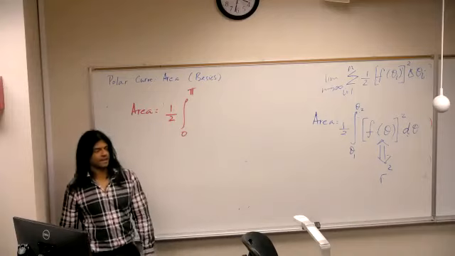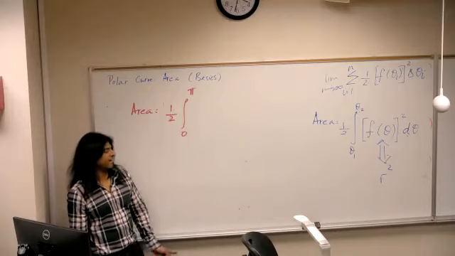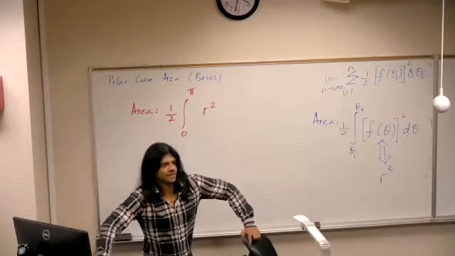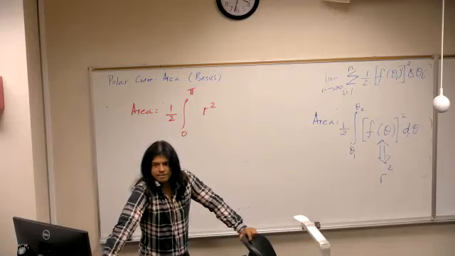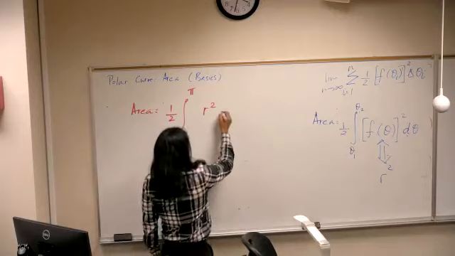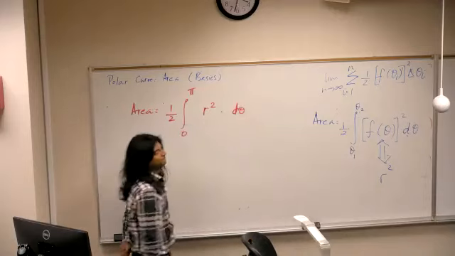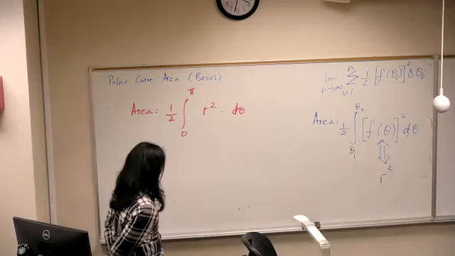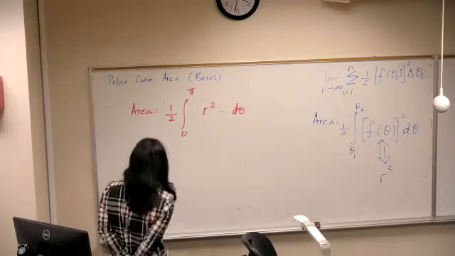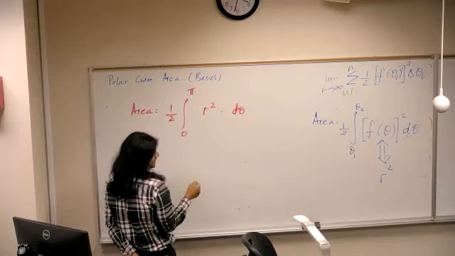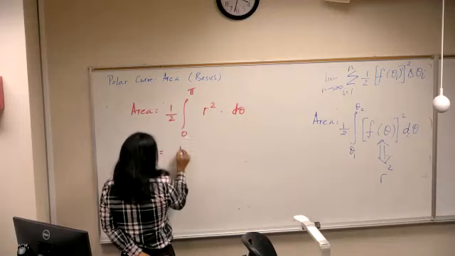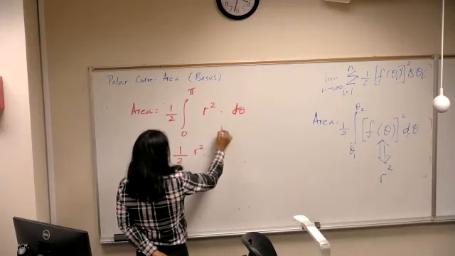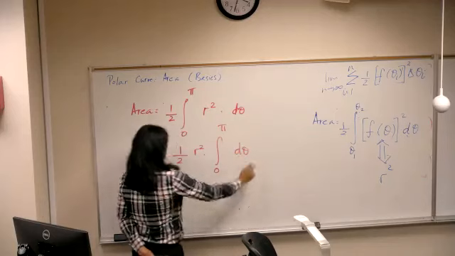The radius of the circle here is just r, so I'm going to put r squared. Nothing changes. Times d theta. I'm integrating with respect to theta, so r is a constant. In this case, 1/2 r squared, integral from 0 to pi, d theta.